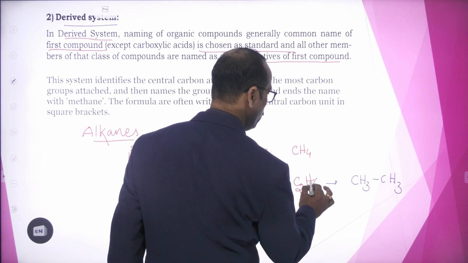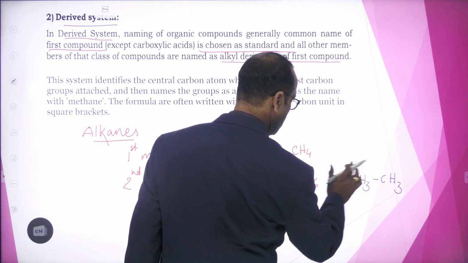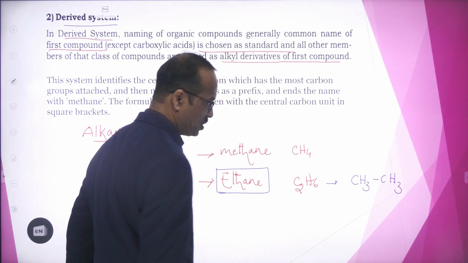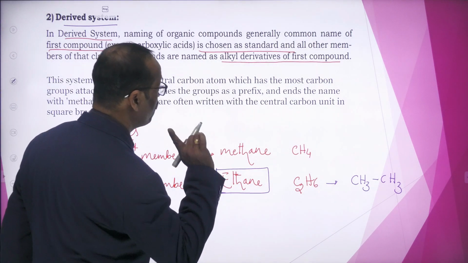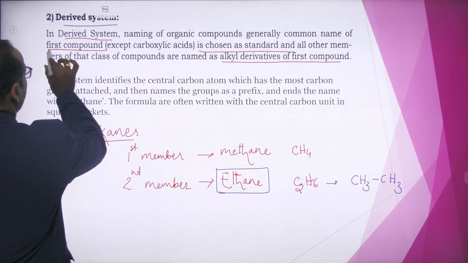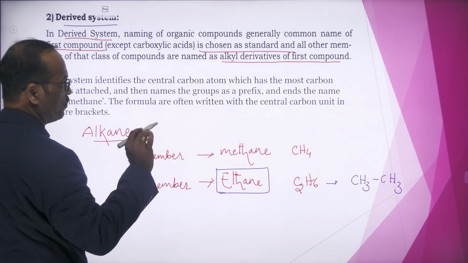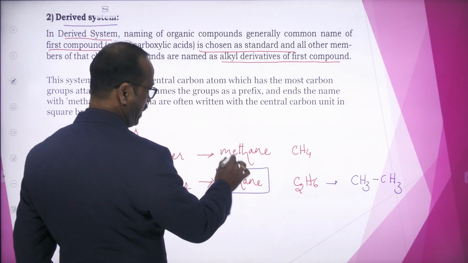C2H6. So 2 carbons, each carbon is sharing 3 electrons, right? Now in this what do I do? Observe carefully, very, very important point. Here, based on the first compound, the first compound is methane, right?